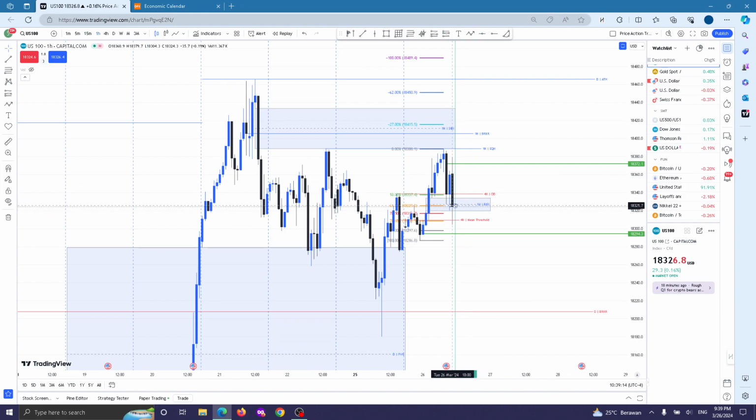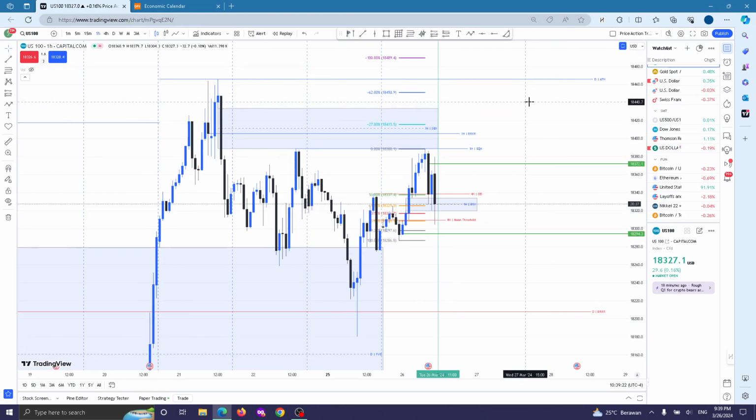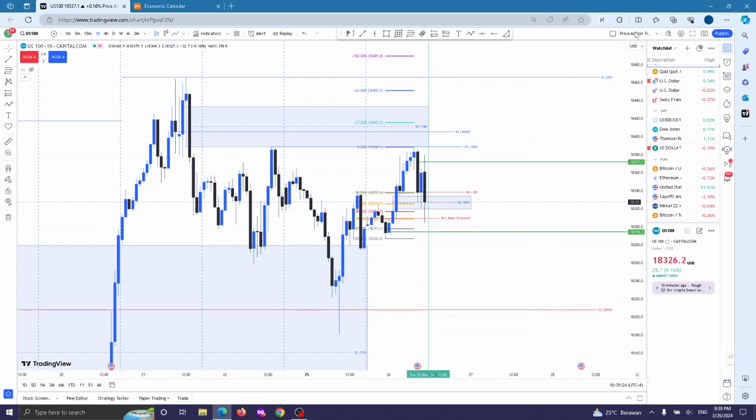That is, if we see this down close candle close above that consequent encroachment, that will be extremely bullish. And it confirms that this is just an OTE, price taking in more liquidity to push price higher.